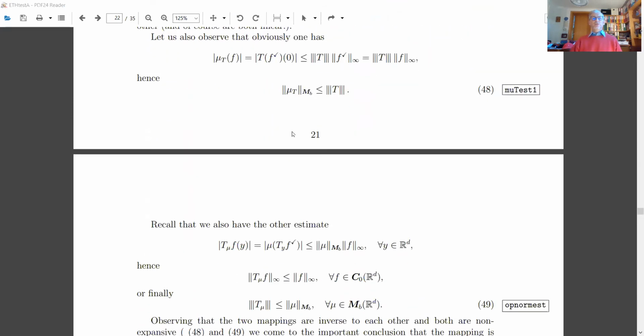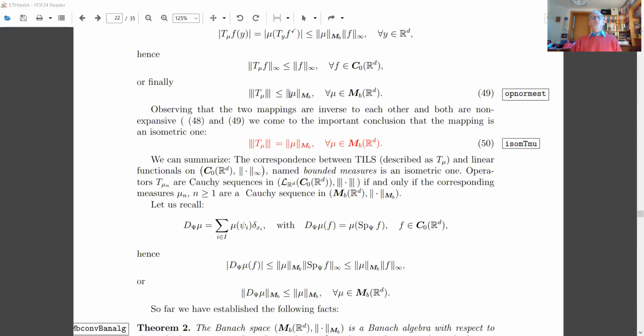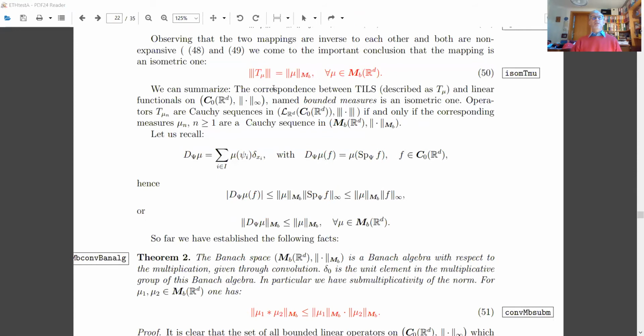So altogether, to summarize it, we have two relationships. One is making from a functional a translation invariant system. At the moment, it's called T mu. In the script, it's called C mu for convolution operator. And very soon, we will just write mu star f for this.